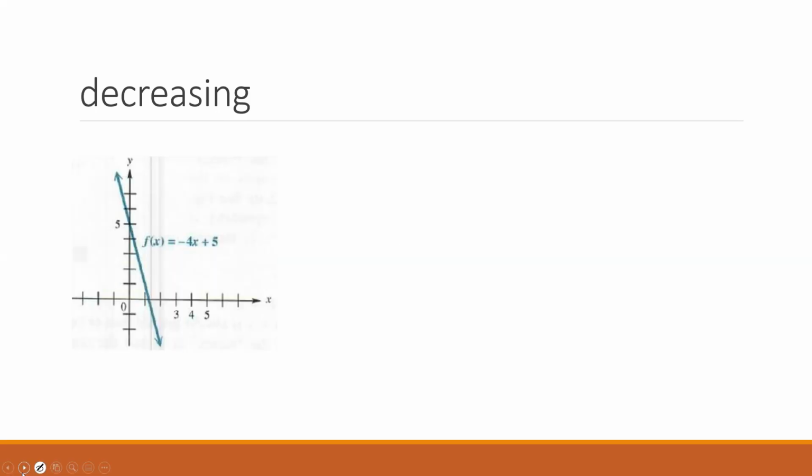Our second term is decreasing. And as you can guess, this is a graph that in colloquial terms is going downhill, as you move left to right.